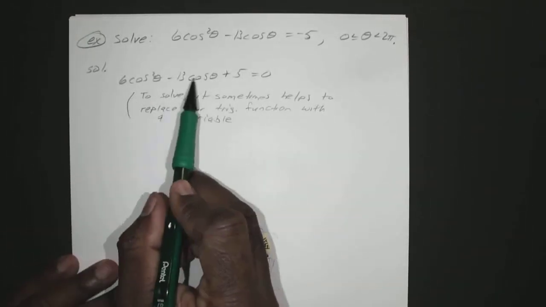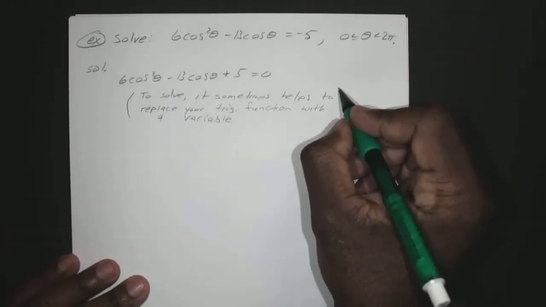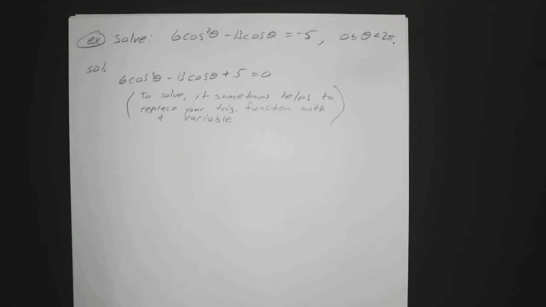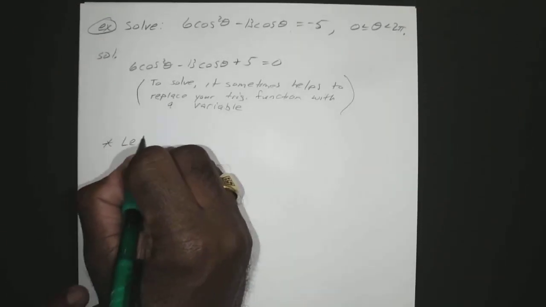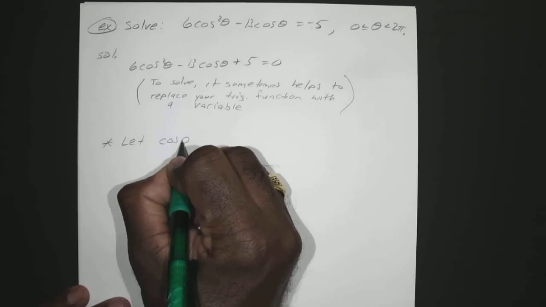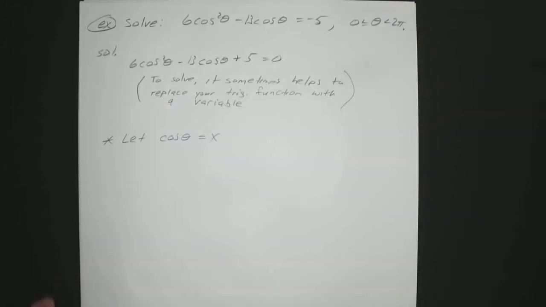But that's only if you have just one trig function. If you have different trig functions, we'll get to that in a second. Okay. So just temporarily, we'll let cosine of theta equal x. You can make it x, you can make it y, you can make it r, n, whichever one you want, because we're going to change it right back.